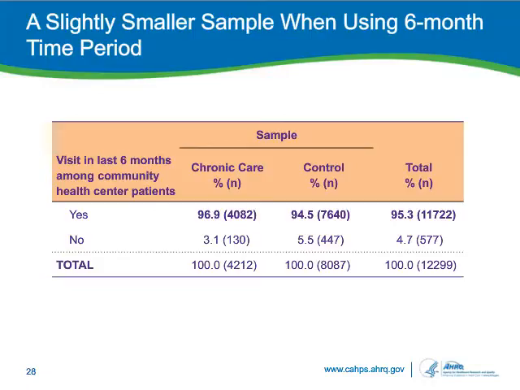And in general, the overall finding, looking all the way to the right, this is all representative of all the patients seen in the last 12 months. If you restricted it to only those who had a visit in the last 6 months, the sample would shrink by around 5%, 4.7. So there is going to be a smaller sample. Of course, that makes perfect sense. If you only look for people with a visit in the last 6 months, some people will drop out.